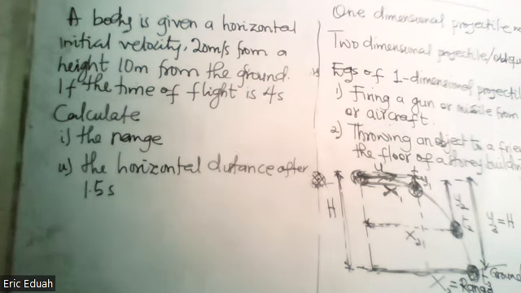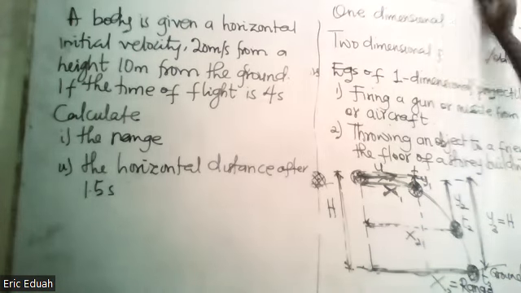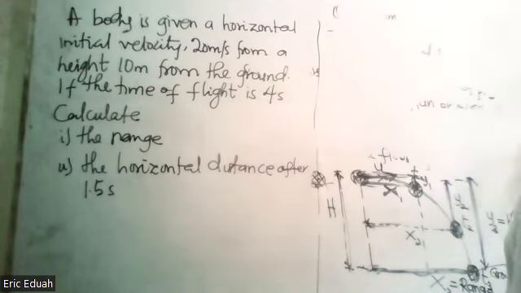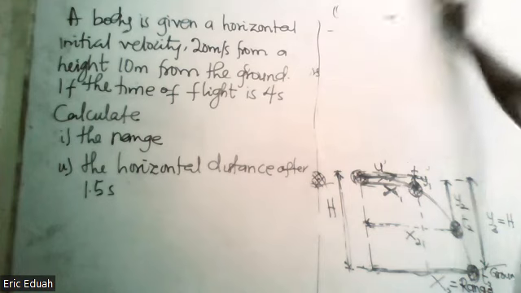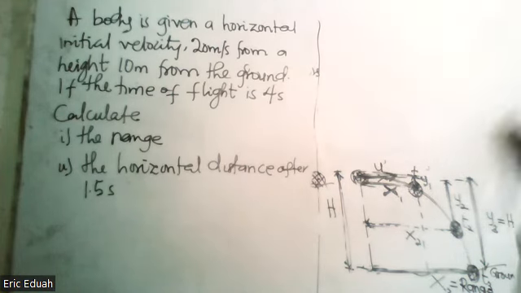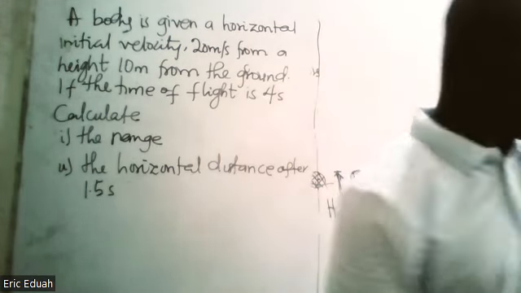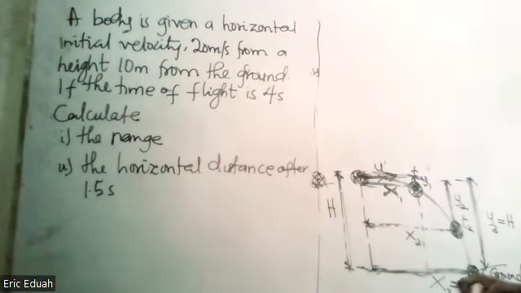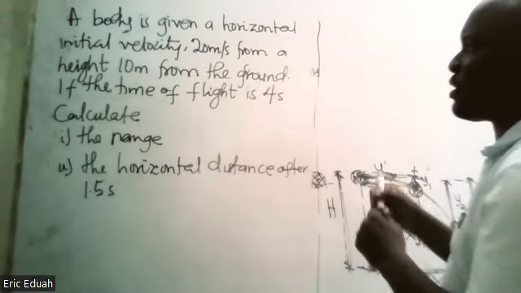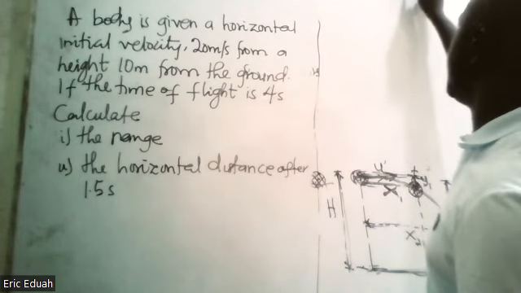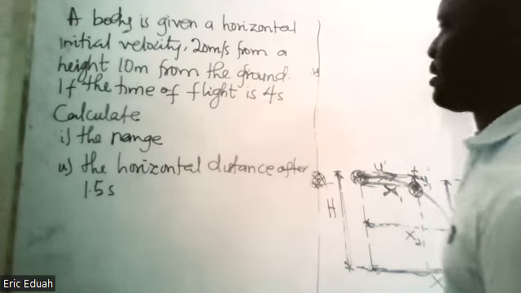Okay, so let's look at it. If we look at the first question, we have the initial velocity of projection u to be 20 meters per second.